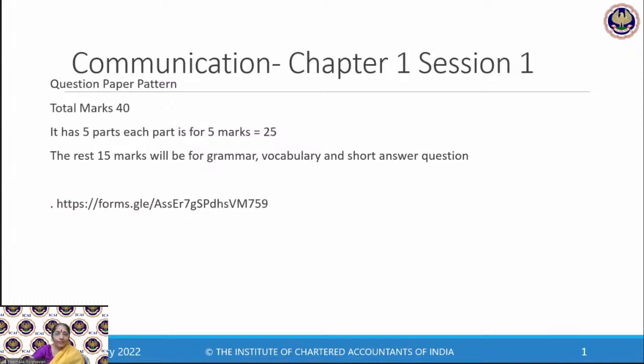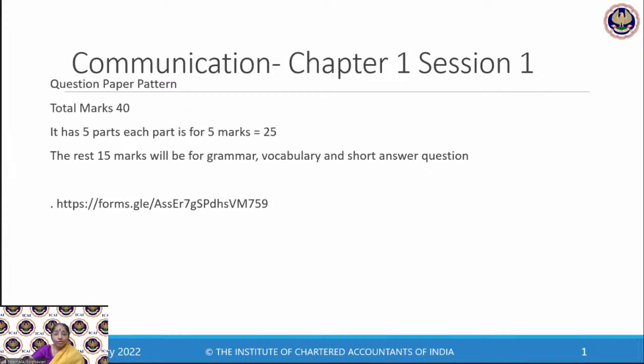This is the question paper pattern. The question paper is clubbed along with the law paper. So 60 for law, 40 for BC&R, and totally it becomes 100. It has 5 parts. Each part is for 5 marks. That makes it 25 marks. And then the rest 15 marks will be for grammar, vocabulary, and short questions.